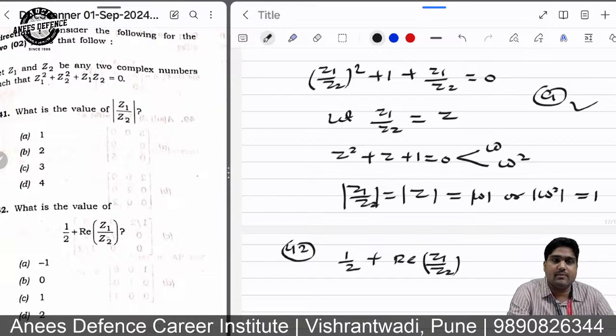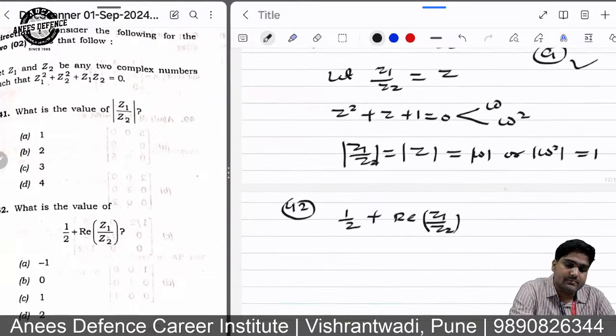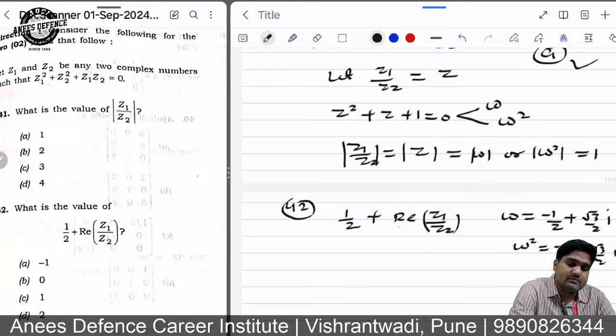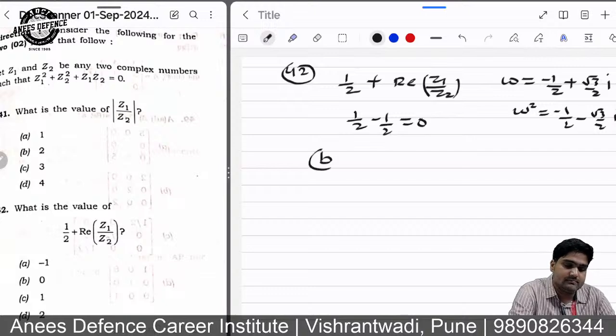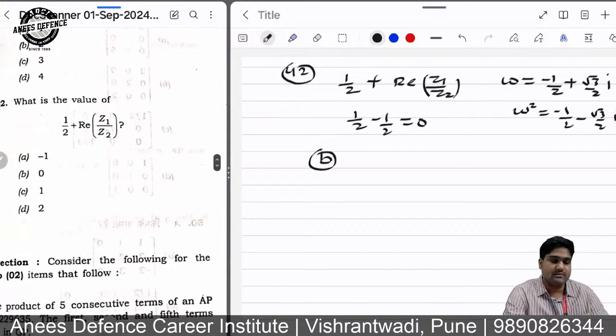The real part of omega or omega square is minus 1 by 2. Omega can be written as minus 1 by 2 plus root 3 by 2 times i. Omega square can be written as minus 1 by 2 minus root 3 by 2 i. So the real part is minus 1 by 2. So 1 by 2 minus 1 by 2 cancels out. So the answer is 0. The correct answer for 42 is option B.